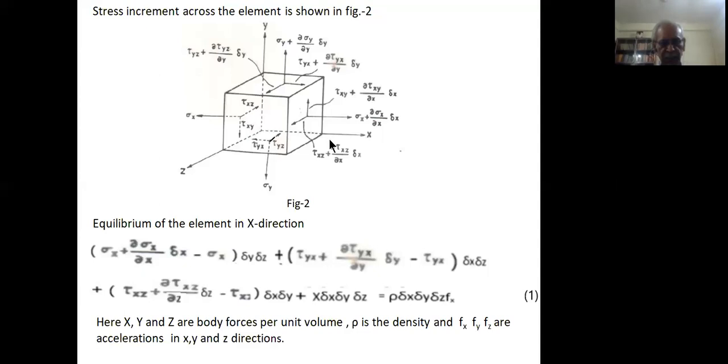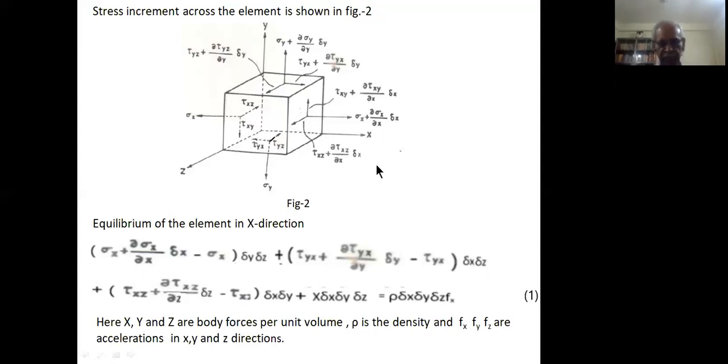Now consider tau yx or xy. So tau yx has changed to tau yx plus del tau yx by del y into delta y. So we write here tau yx plus del tau yx by del y into delta y minus tau yx, because that is acting in the opposite direction.